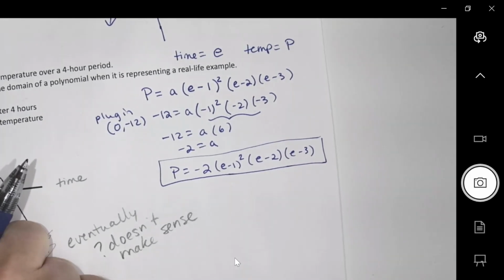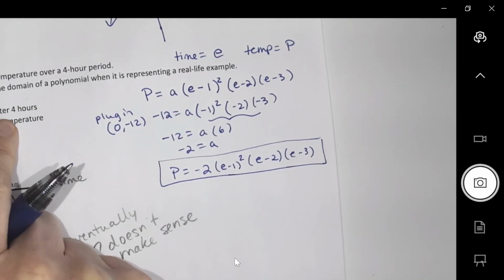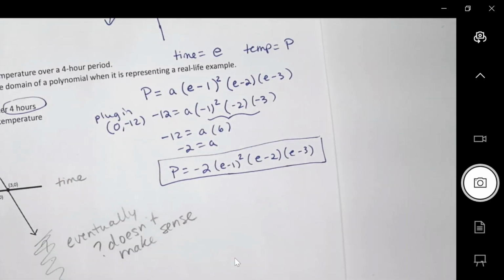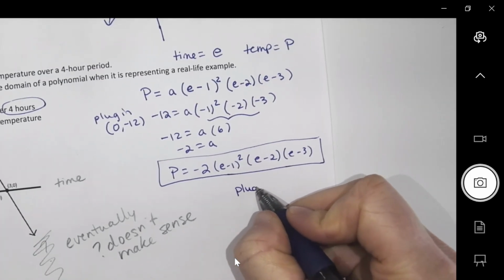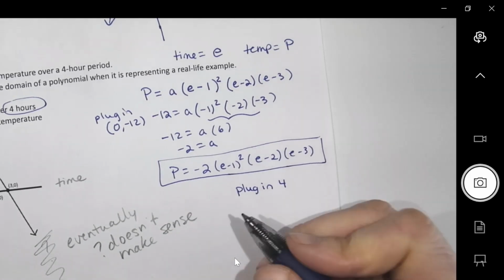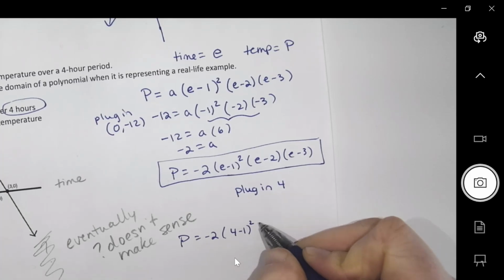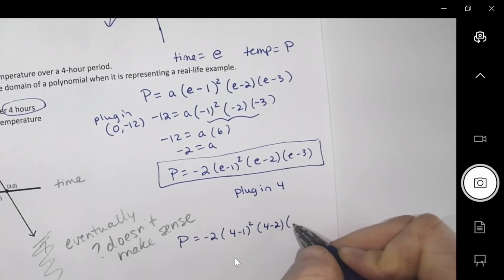Okay, question 3, or C, says find the temperature after 4 hours. So what do I do if I want to go to 4 hours? I will do what mathematically? I'm going to plug in 4. So what is the temperature when I plug in the value 4?